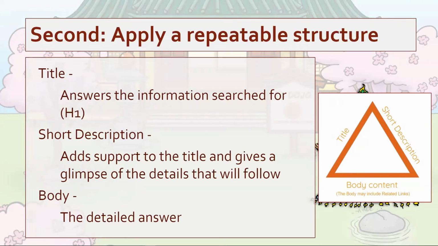Remember, mental real estate here. We don't have time to repeat what we just said, but we do have to add support to that title and give a little glimpse of what the body of the content is, so that the person only has to invest the time to retain and understand a couple of sentences before they delve deeper.